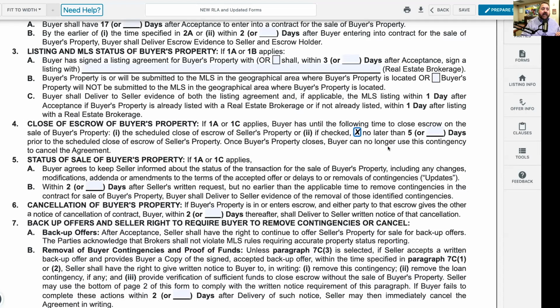So if we get to that point, right? If you see that prior to the scheduled close of escrow of seller's property, once buyer's property closes, buyer can no longer use this contingency to cancel the agreement. So even if the buyer has not removed the contingency of closing escrow in writing, if their property closes escrow and we're still open on the up leg and they attempt to cancel with that contingency, it doesn't exist for them any longer. Okay. So that's close of escrow on buyer's property.